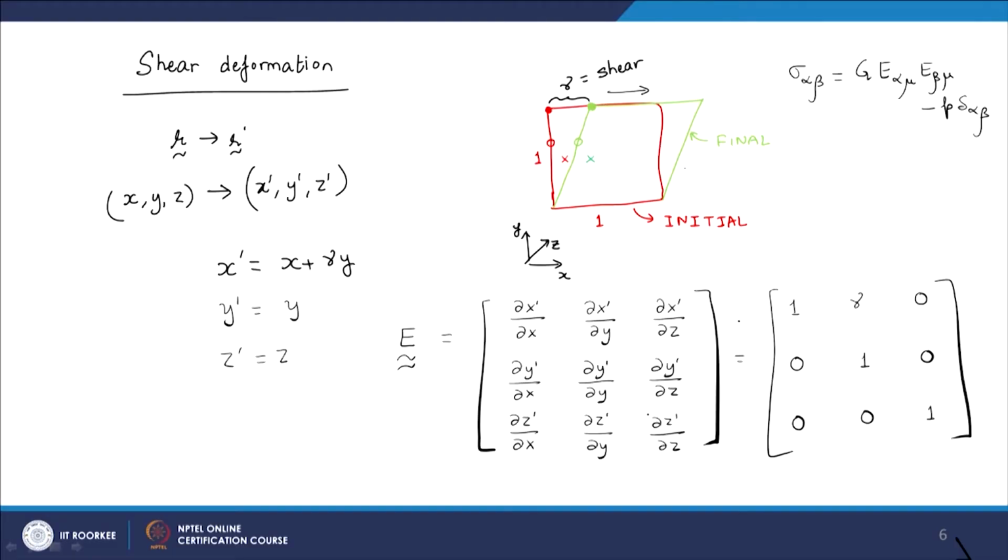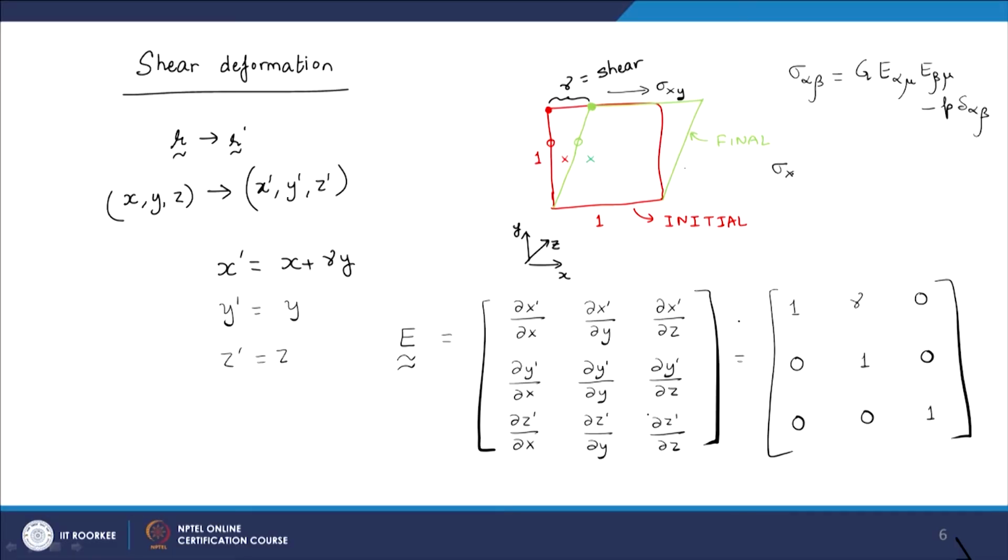So, essentially we are looking at sigma xy, that is the only non-zero component in the stress tensor. If I, for example, look at sigma xx, sigma xz and so on, all these have to be 0 because stress is only applied perpendicular to the y axis along the x direction, that is the direction we have. This is this particular direction.